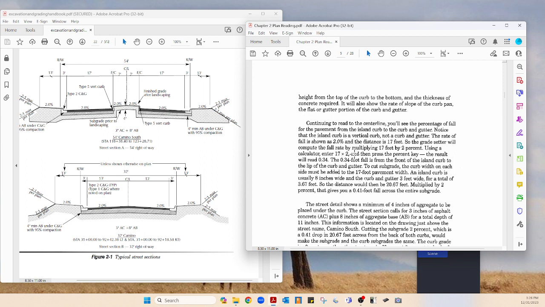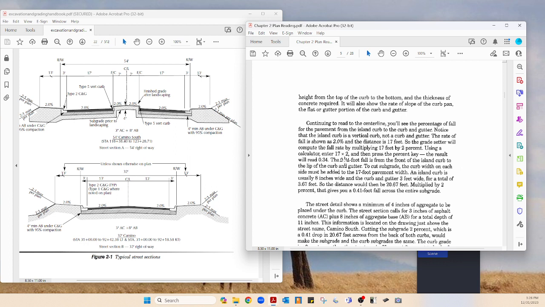So he says the same thing, 17 times 2, and then press percent, and the result will read. In this case, not the 13, but you multiply 2 times 17, 2 times 17 is 34.